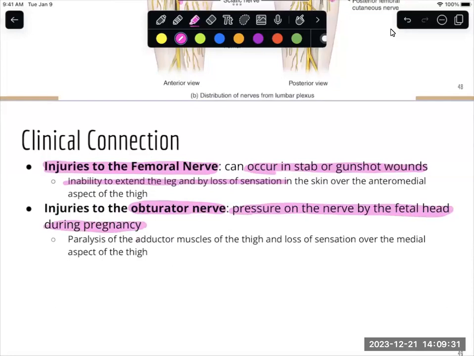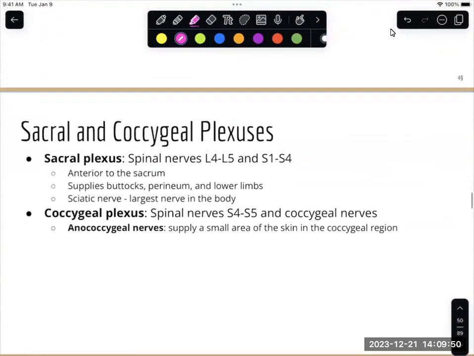So then those adductors, the middle of the leg muscles, aren't going to work. They'll lose sensation. Something where you try to get that kid to reposition themselves because it's not a comfortable sensation to have.